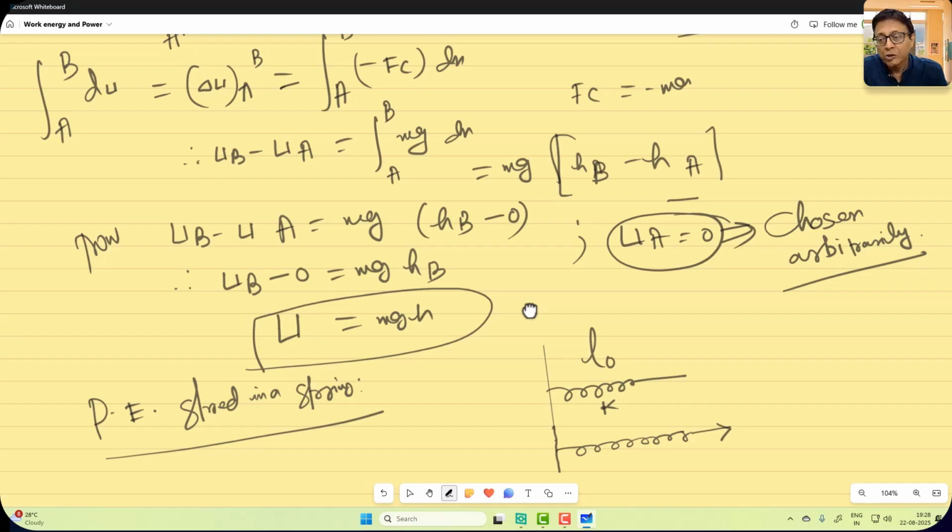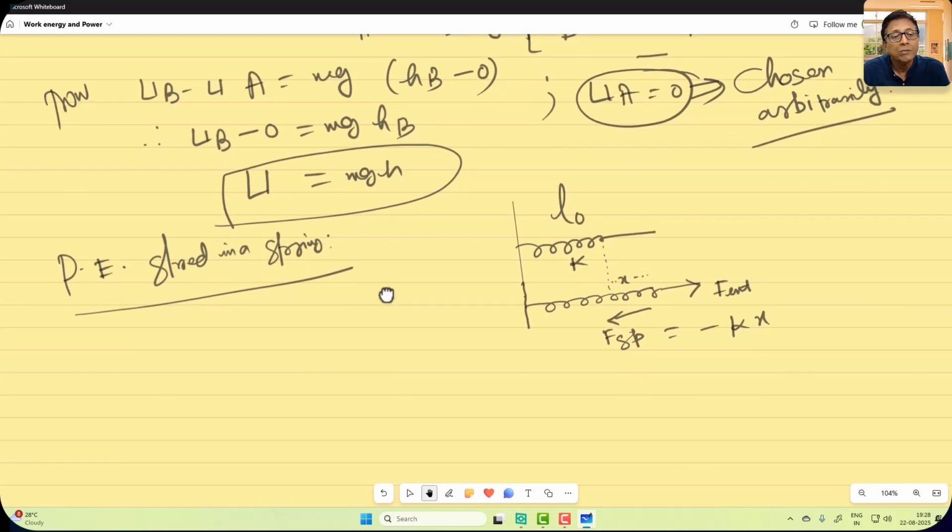Okay? So, if you have elongated by x, this is the external force, and the spring force is just opposite. The force developed in the spring, that is the spring force, will be minus kx.